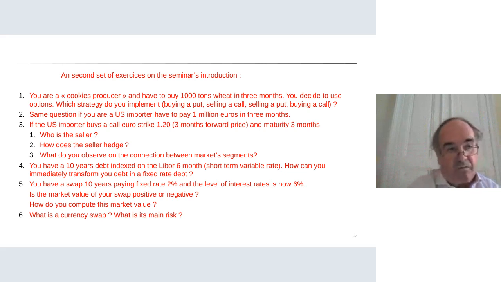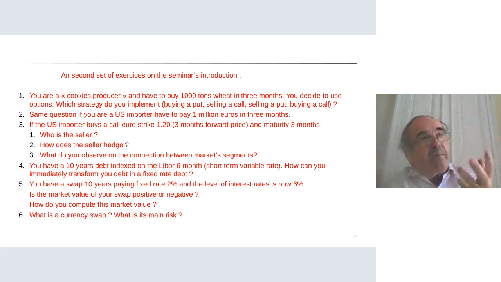So it's stupid to say the market is buying or selling. If someone buys, it's very important to say who is the seller and what does the seller do. Does he speculate or does he hedge? And if he hedges, how does he hedge? That's very interesting to understand the dynamics of the capital market.